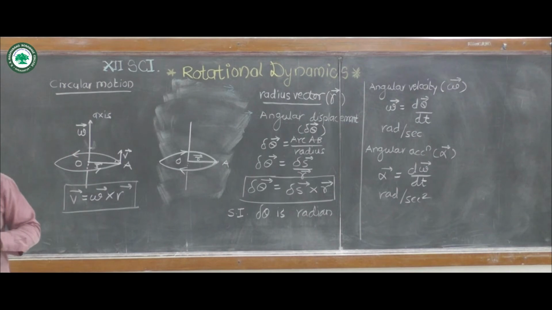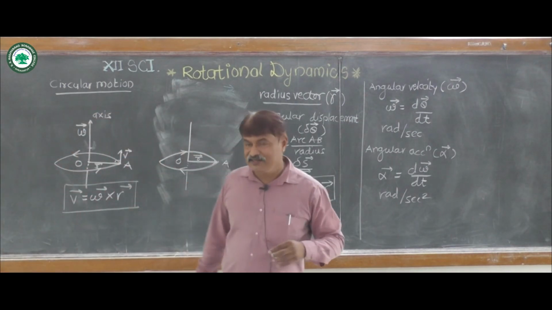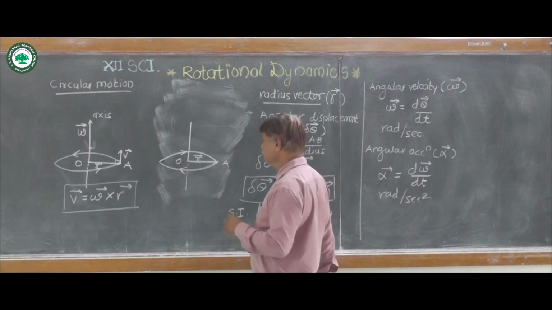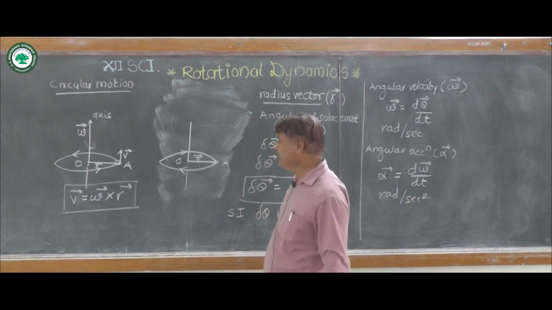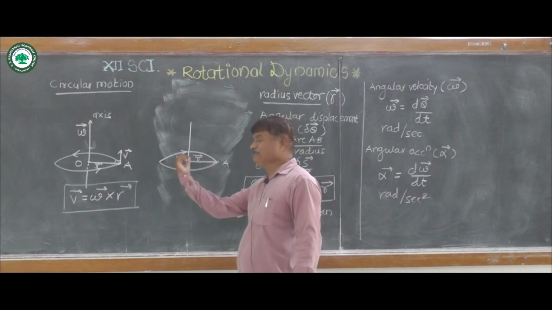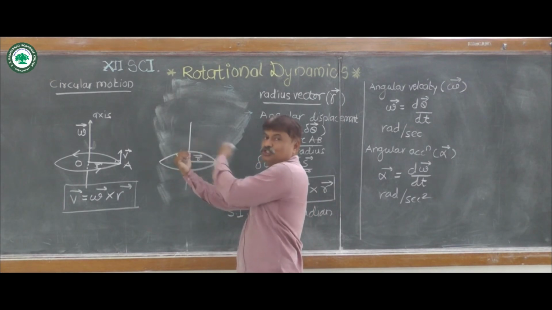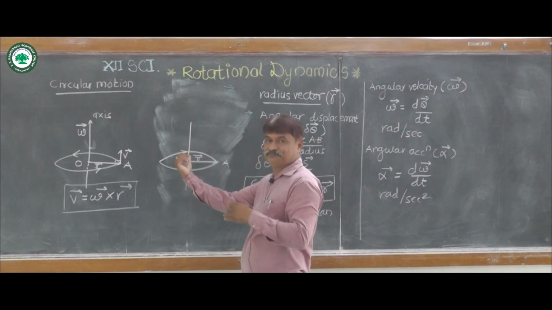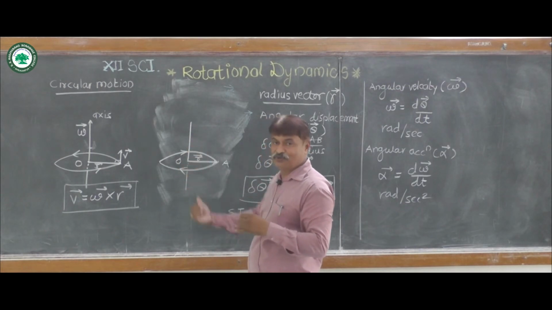Then omega, according to the right hand rule, the curled fingers denote the motion of the particle and the thumb denotes the direction of omega.